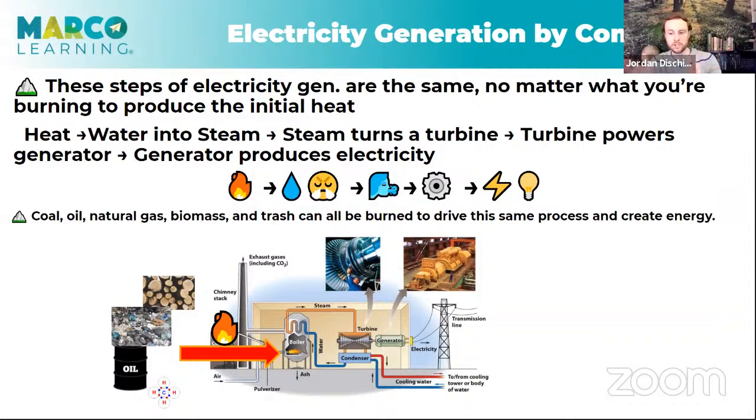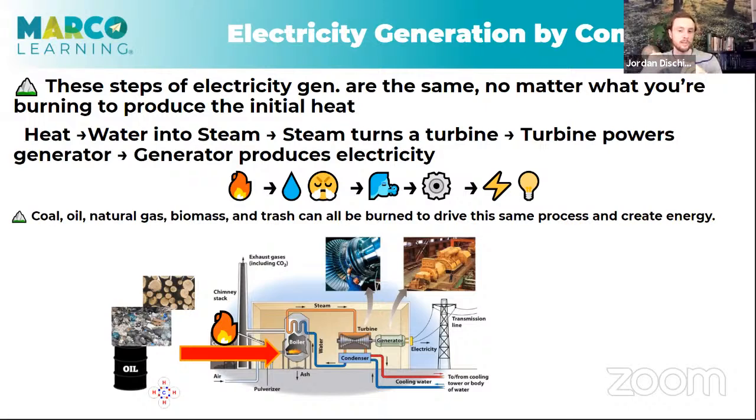The turbine generator electricity sequence is huge. If you can get something to spin a turbine, that turbine powers a generator, that generator creates an electrical current. Now you have electricity. So we can replace the combustion step with a lot of things. We can burn, again, coal, oil, natural gas, biomass, trash.